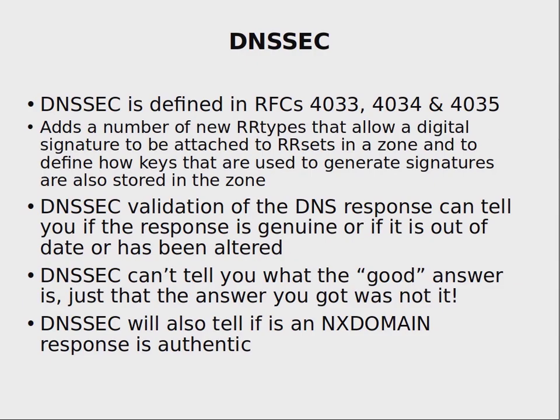For example, when you do this recursive search from server to server to server to server, here is my local server, here is my router, here is my telecom, and here is, let's say, Google.